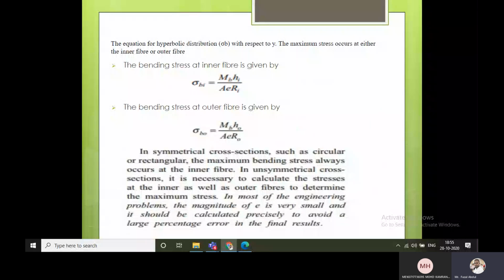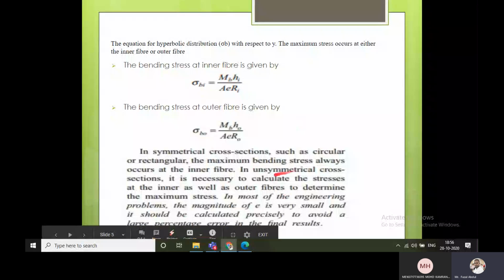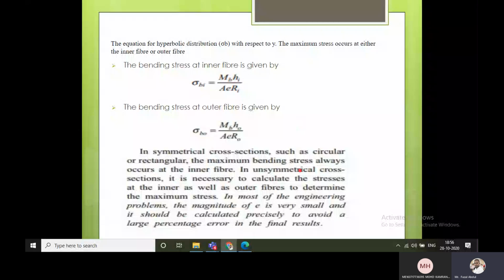Whenever you find a circular or rectangular section in the examination, there is no need to calculate the additional one. Even if you calculate it, nothing happens, but it is a waste of your time.